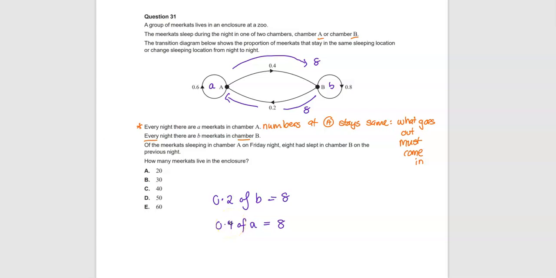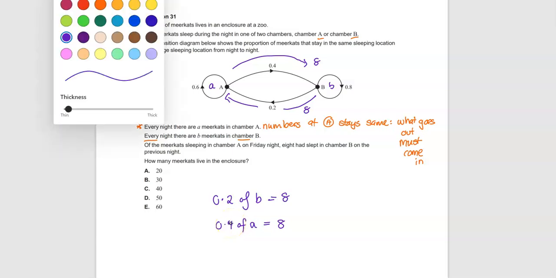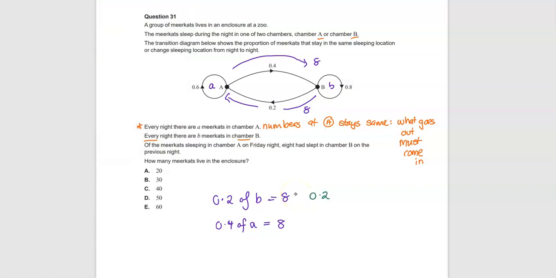Then all you have to do is change them to fractions, decimals or whatever. So 0.2 times B equals 8.